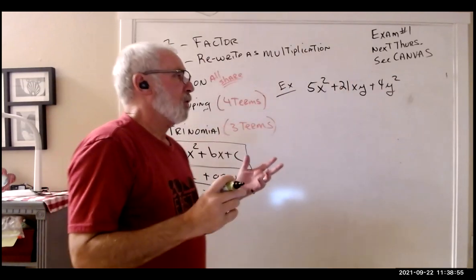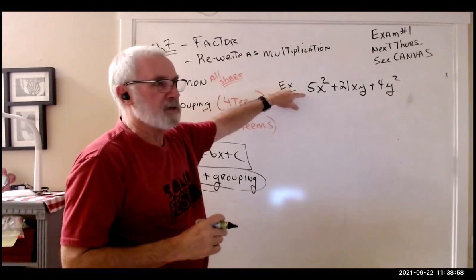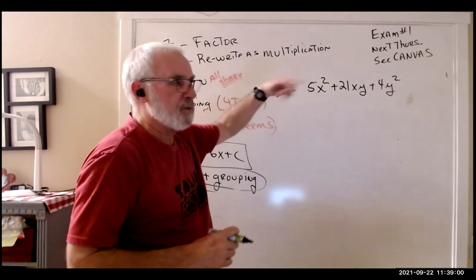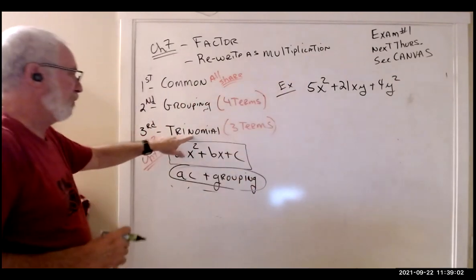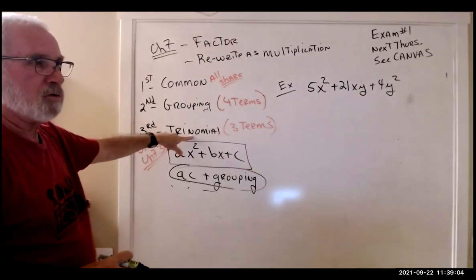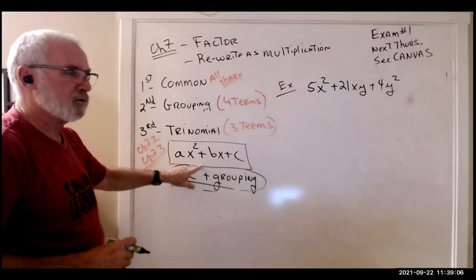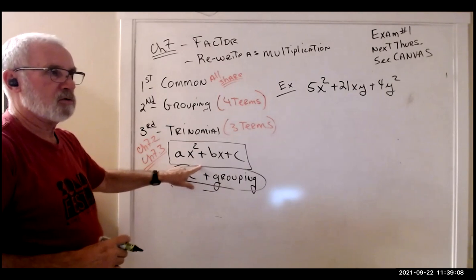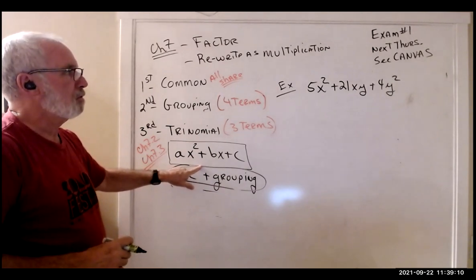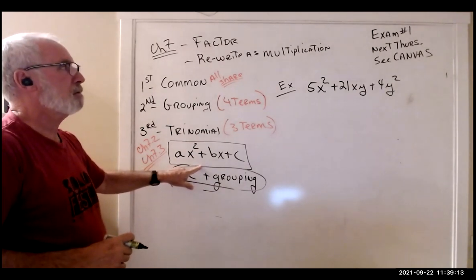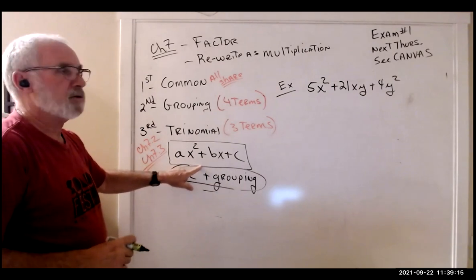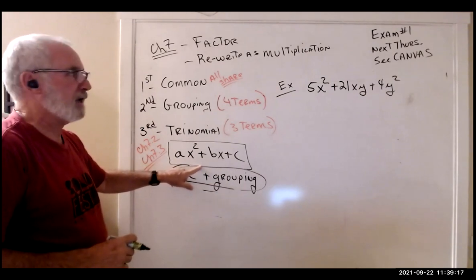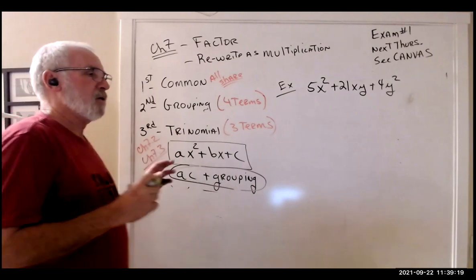Okay. How is this problem different from the previous trinomials? Or from this trinomial right here? Anyone? There's two variables there. There's an x and a y. All right.